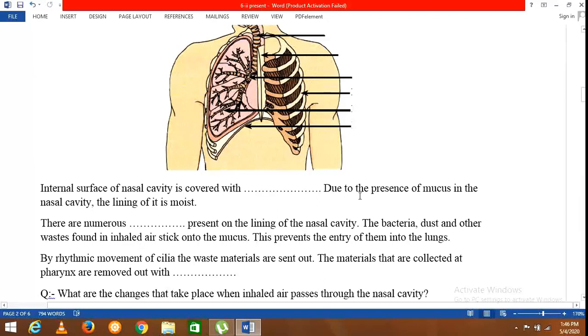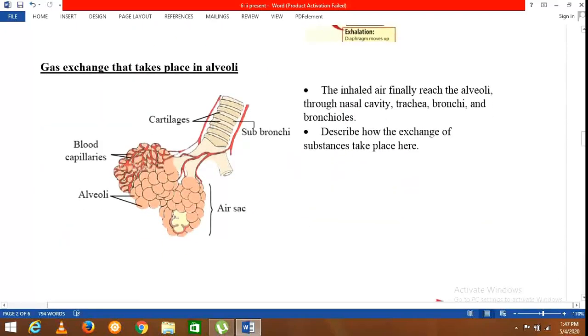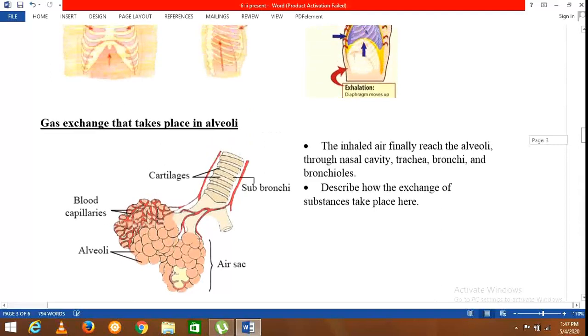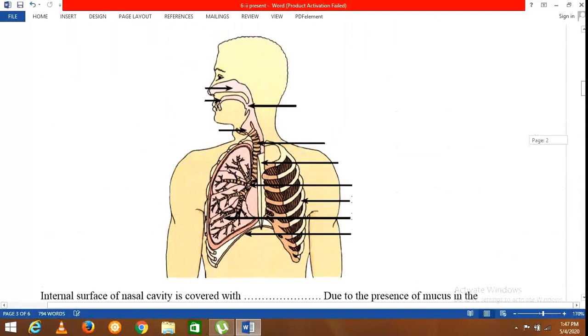The cilia are rhythmically moving like the paddy moving in one direction when the wind is blowing. As a result of this process, the strange particles are pushed away from the respiratory tract. So this prevents the entry of these strange particles, these disease-causing agents, into the respiratory tract or the lungs.